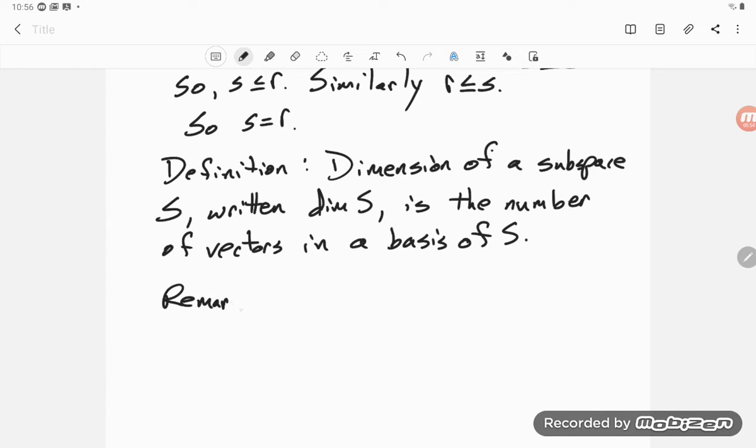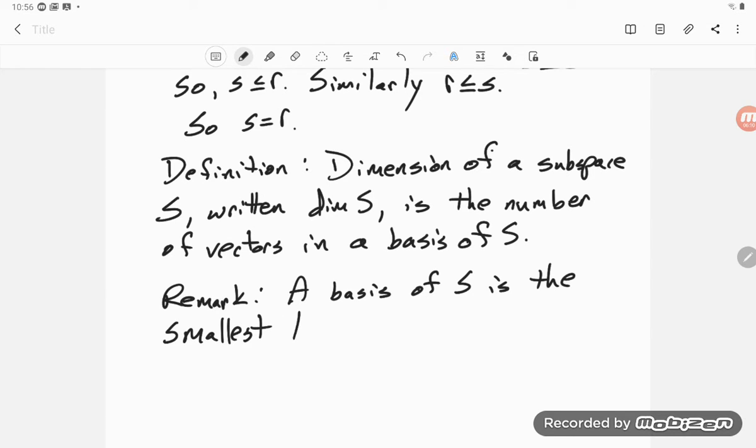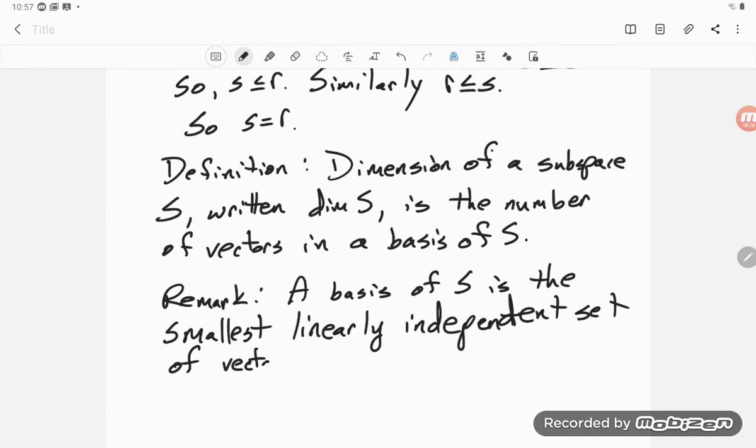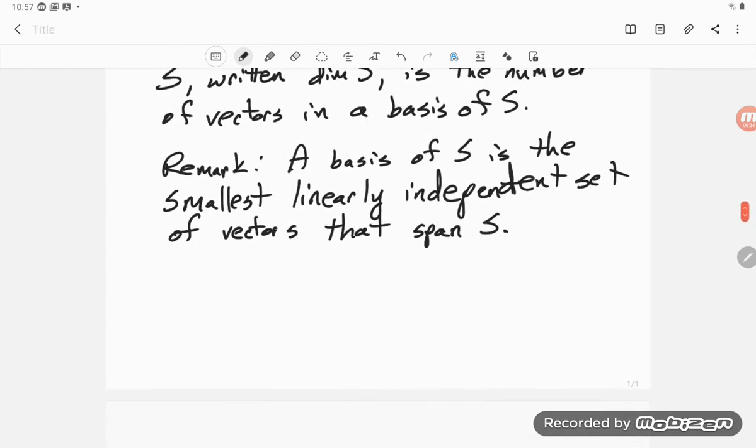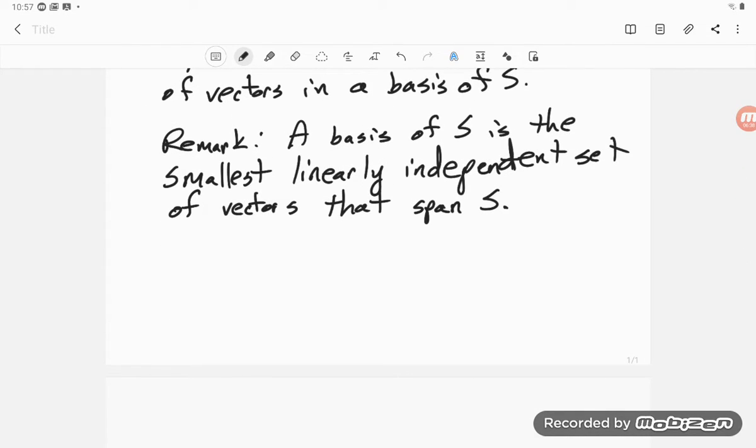I don't know that they've made this remark yet, but a basis of S is the smallest linearly independent set of vectors that span S. Okay, so if I know I've got a linearly independent set, and they span S, then by definition, I guess I have a basis.